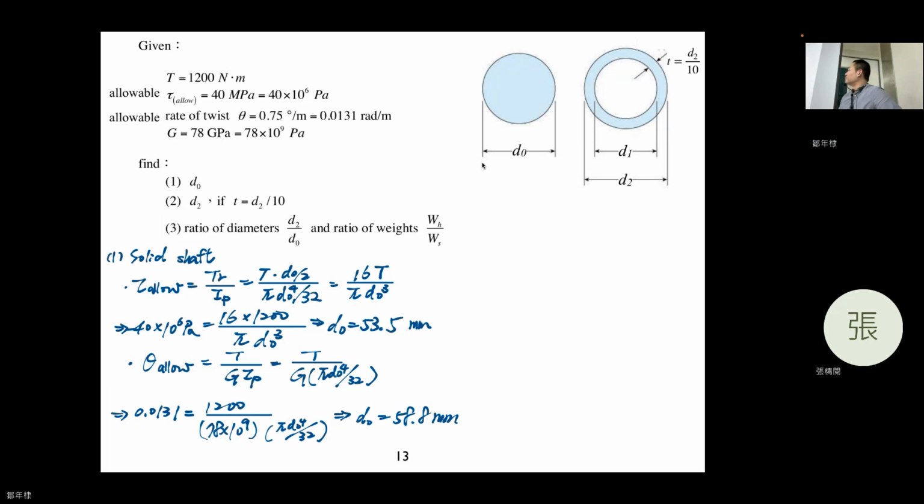Okay, now, which one should we choose? If the D0 is less than 58.8 millimeter, it will have twist fracture, because the rotation is too big, the material just fractures. So which one will we choose? Bigger one. Good, very good.